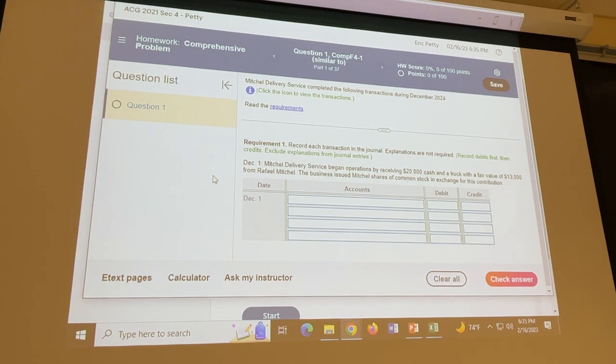It's all the different things that we've learned in chapters 2, 3, and 4. And it's structured like a homework problem, so on each check answer part of the problem, you get 5 attempts before you move on to the next part. And you can work on a little bit of it at a time and then leave it. You don't have to do it all at one time.